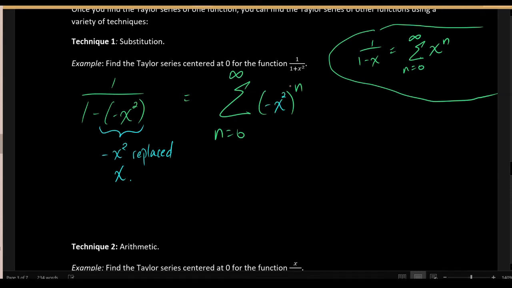Now if you like, you can rewrite this a little bit and use some properties of exponents to turn this into negative 1 to the n, x to the 2n. This series is the Taylor series representation for the function 1 over 1 plus x squared. It has the correct format, x by itself to a power with a coefficient in front.